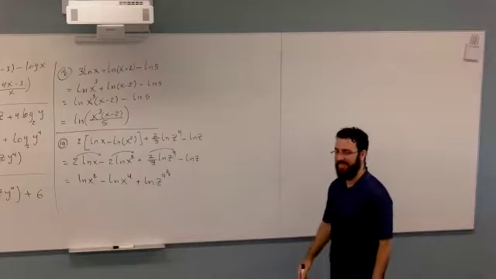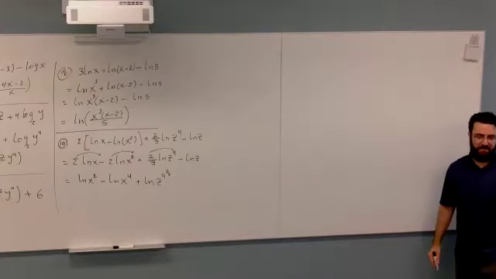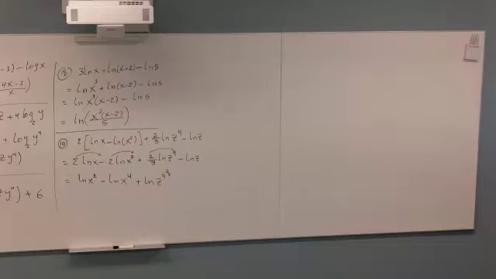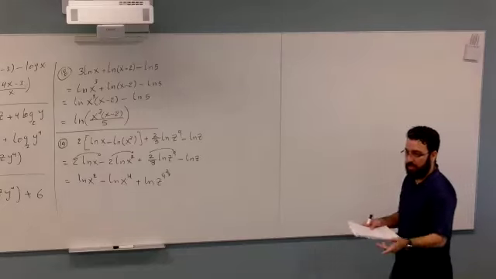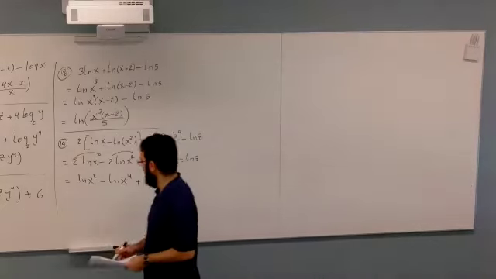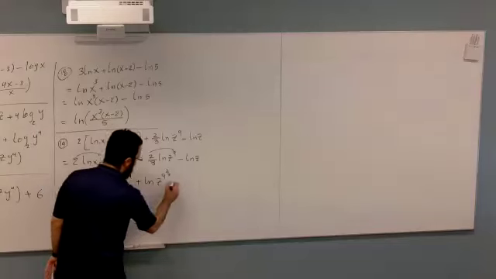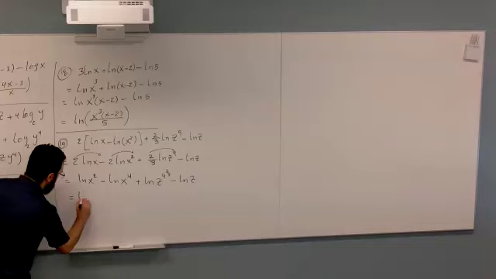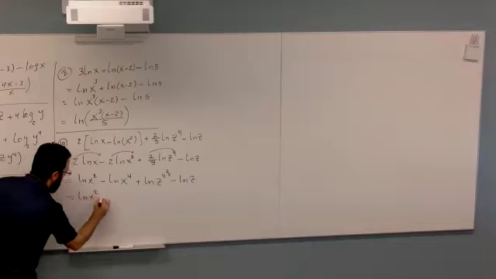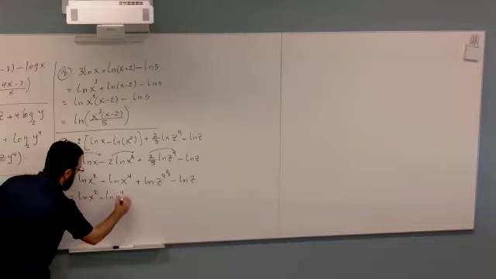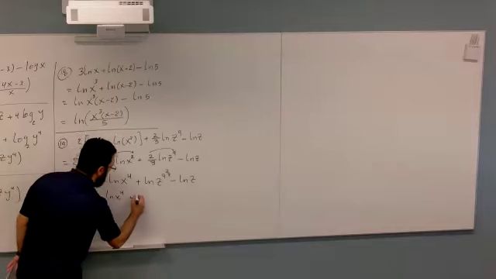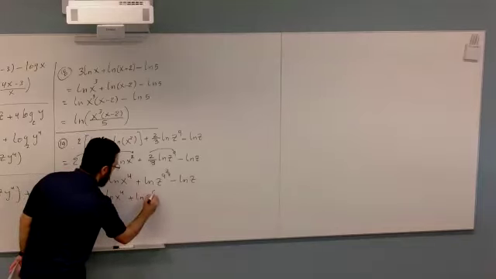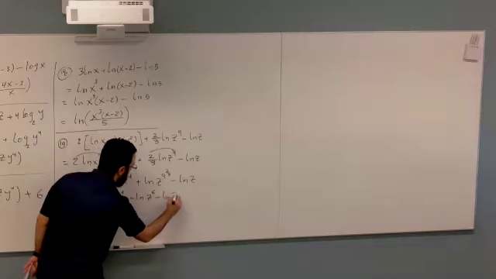Which is equal to what? 18/3, which is 6. That's it. Minus ln z. That means it's ln x squared minus ln x to the power 4 plus ln z to the power 6 minus ln z.